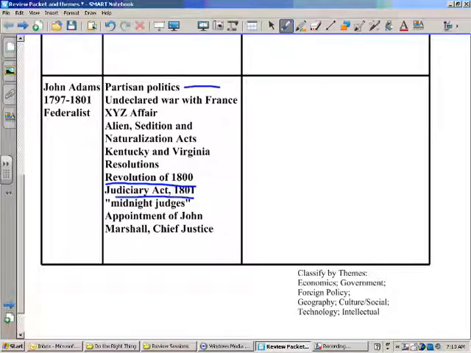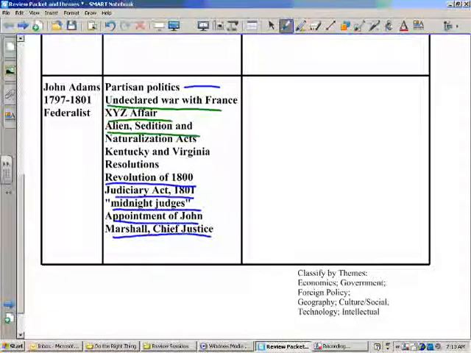Now, we see here that we have foreign policy. Foreign policy, and this, although political, is still related to foreign policy. So in 2 themes, we should be able to sum up the presidency of John Adams. Let's start out with the foreign policy aspects.